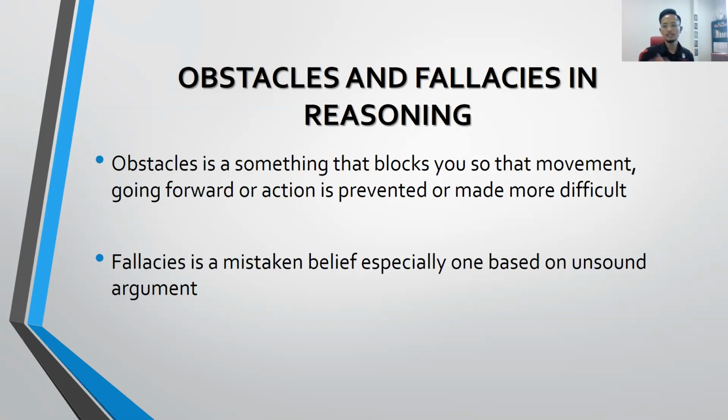Okay, that is obstacle, something that blocks your mind from thinking something that is relevant or positive. But when we talk about fallacies, it's more towards mistaken belief. Someone with a mistaken belief always tends to think negative about someone else and so on. So that is fallacies.